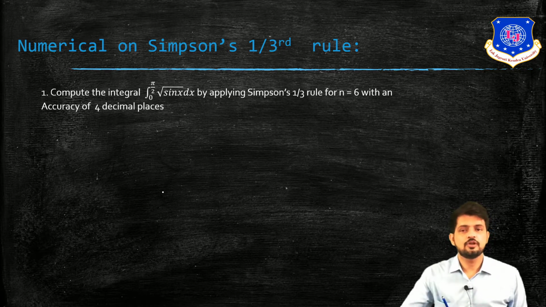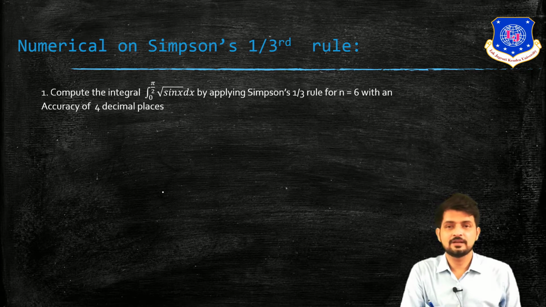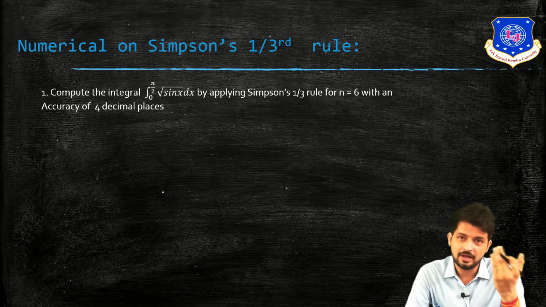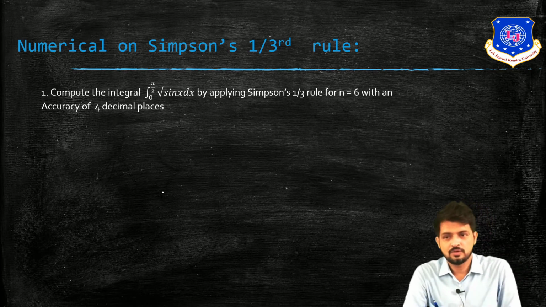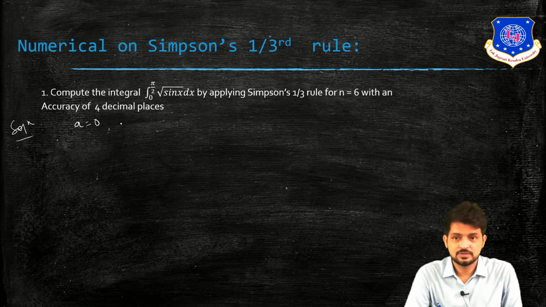First of all, we have to find the value of h, and in this numerical you have to keep the angle mode in radian. If you will not keep the angle mode in radian, the whole answer will be incorrect. Here, what is the value of a? A is my lower limit, that is 0, b is pi by 2, and n is already given 6.